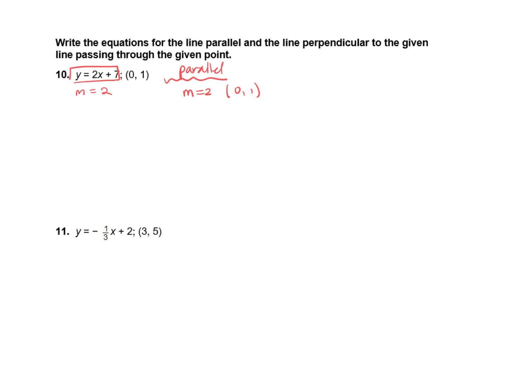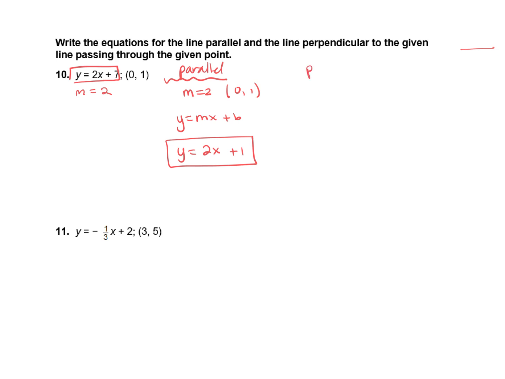So we have the y-intercept. We can just go ahead and write our equation. We're going to plug into y equals mx plus b. So y equals 2x plus 1. It's rare for us to be given the y-intercept. If we recognize it, let's save ourselves a little bit of work.